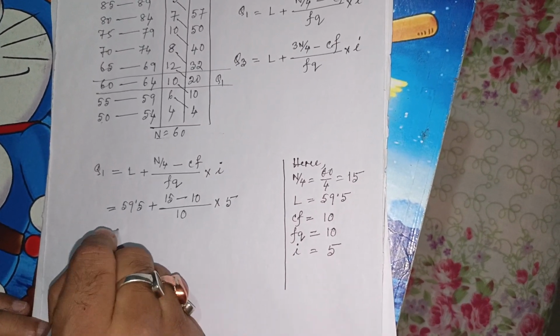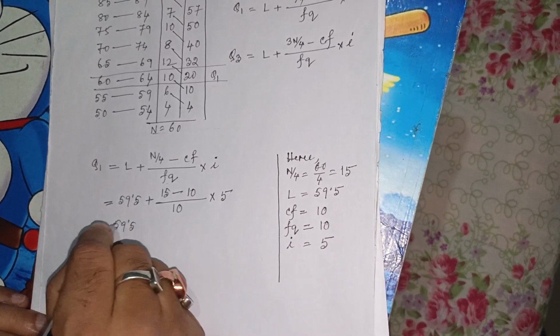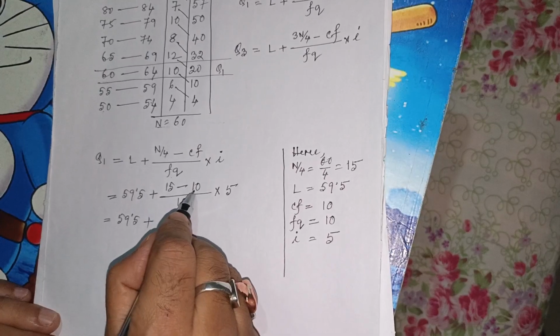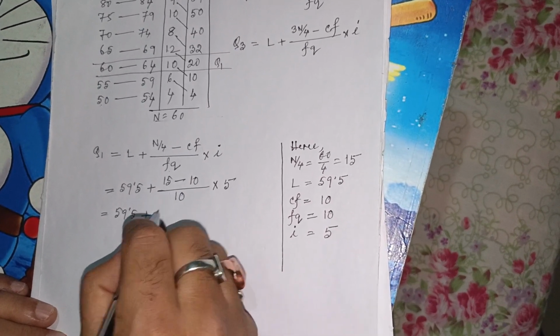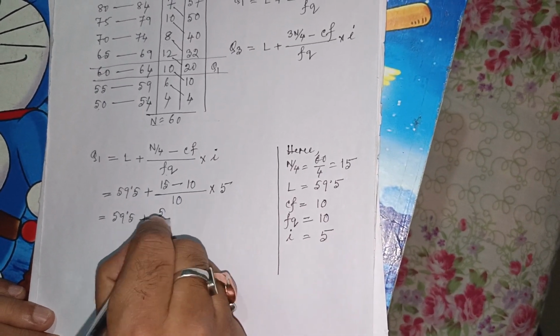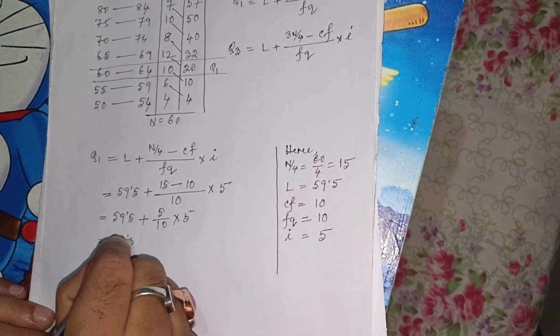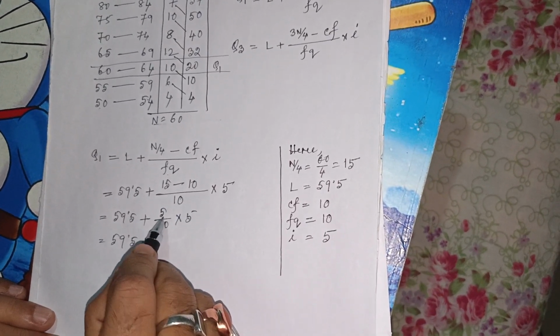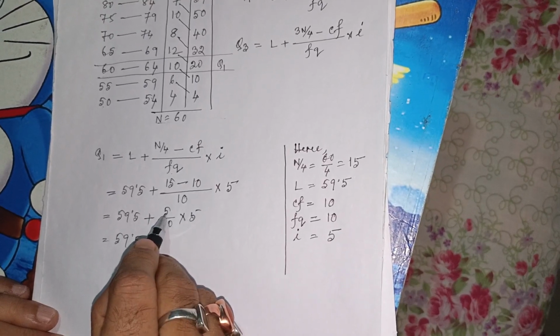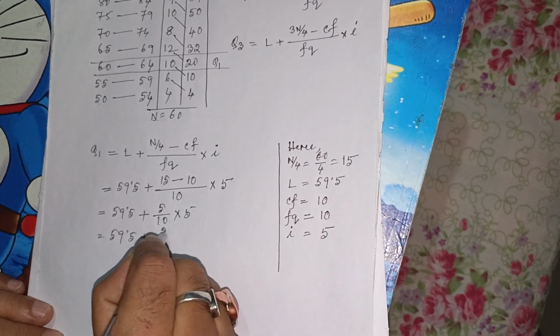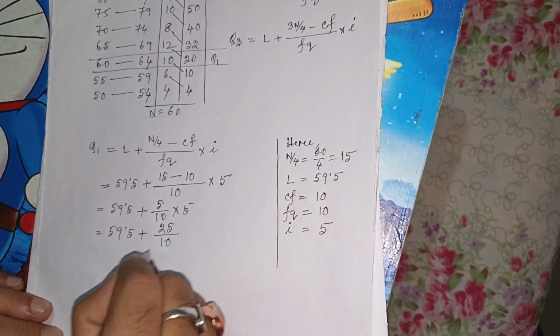Okay. Next, 59.5, keep it as it is. If you deduct 10 from 15, you will get 5. 5 by 10 into 5. Again 59.5 plus, so 5 into 5. If you multiply 5 with 5, you will get 25 divided by 10.